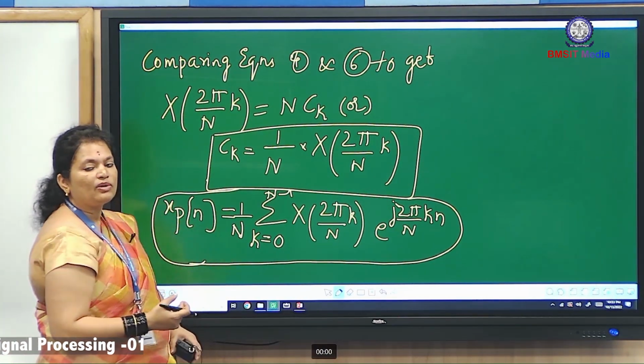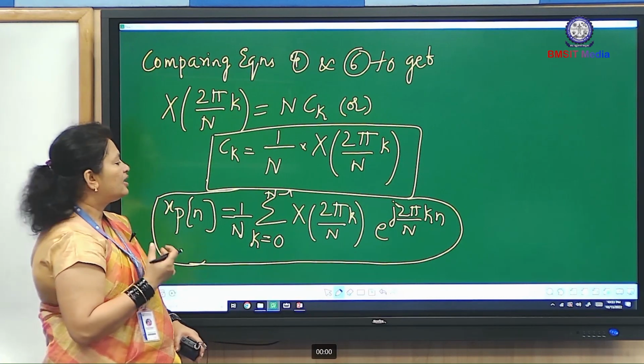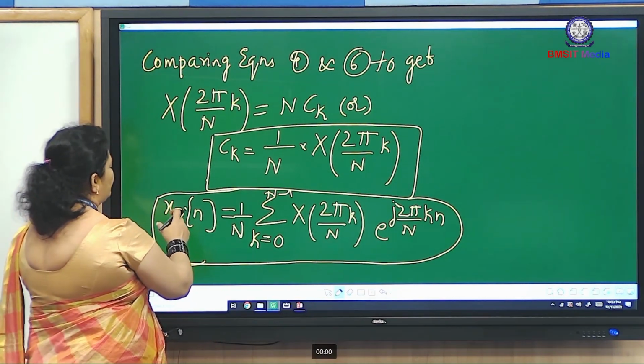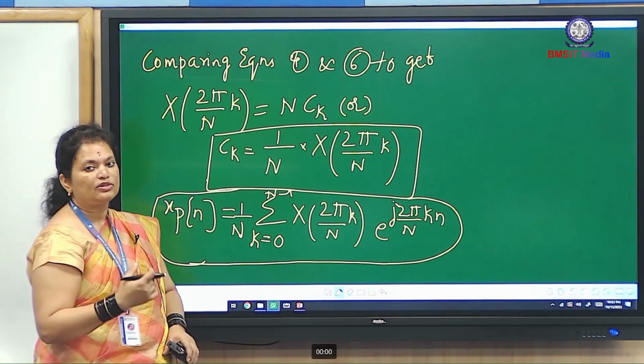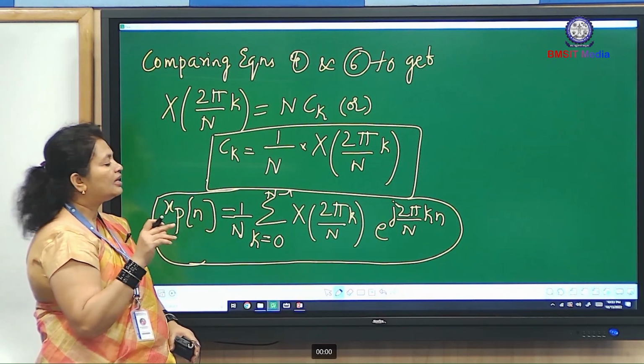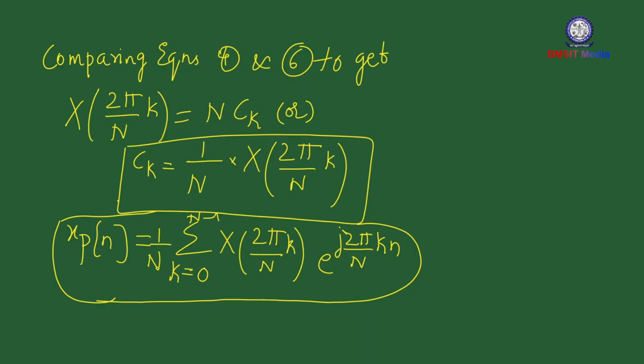With the example I showed, it is easily understood that from xp of n, I can get x of n when N is greater than or equal to L. So finally, I can write.